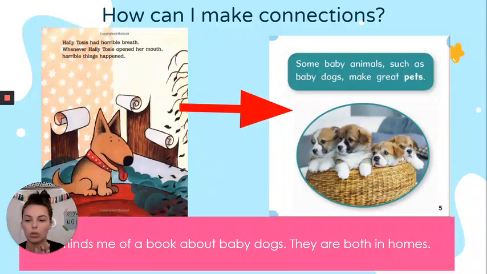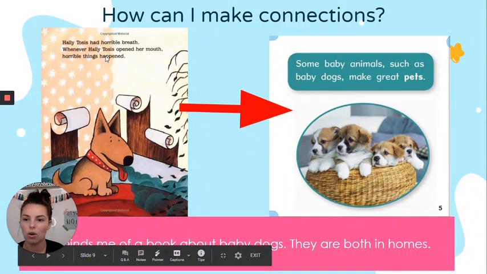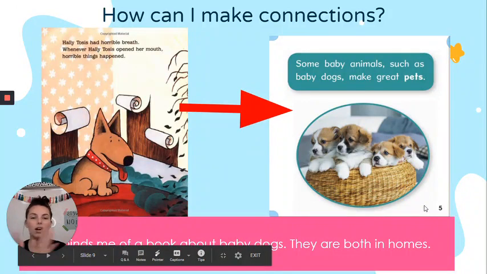In both of these stories. This one's a baby dog and this one's a grown-up dog, but they're both dogs. I also looked at the setting and said, where are they? And it looks like he's in a home because I see a rug, wallpaper, floors. And I think that they're in a home too because I can see pillows and maybe a blanket back there. So they're both in homes.